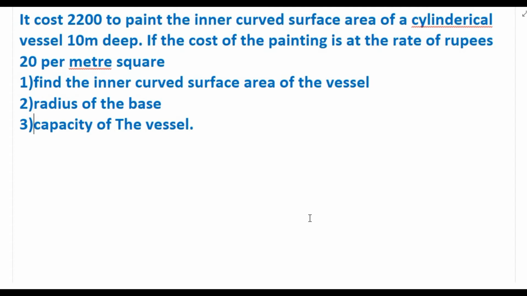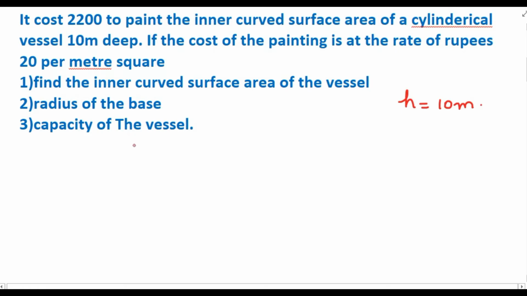Next question. It costs 220 rupees to paint the inner curved surface area of a cylindrical vessel 10 meter deep. So the height of the cylindrical vessel is 10 meter. The cost of painting is at the rate of rupees 20 per meter square. We need to find the inner curved surface area of the vessel, the radius of the base and the capacity of the vessel.